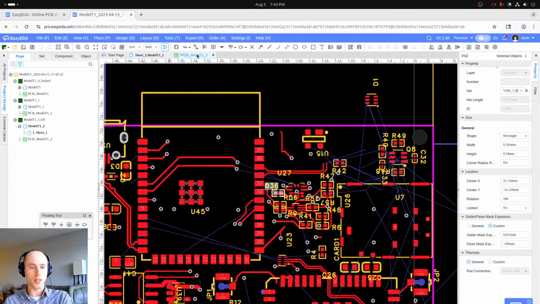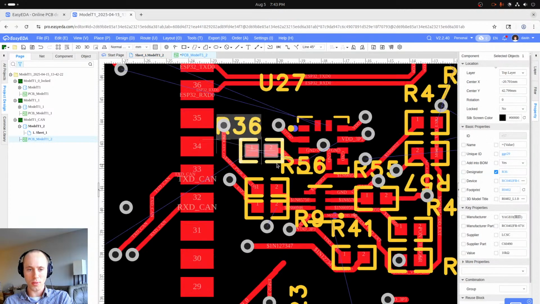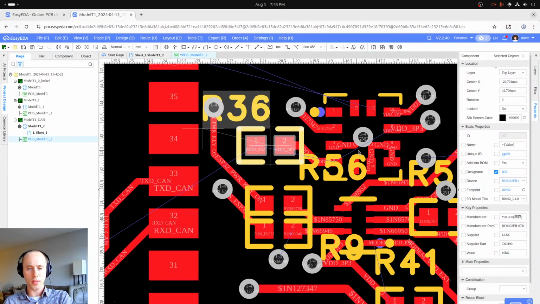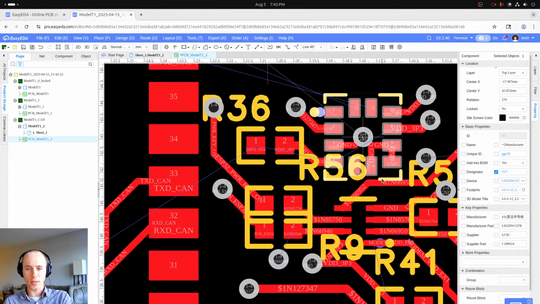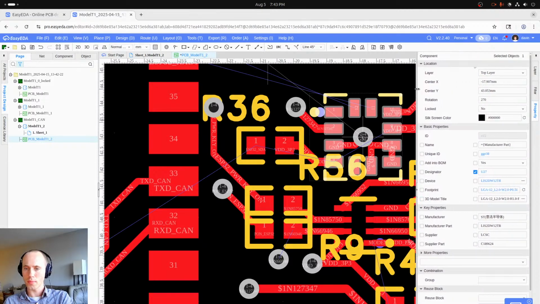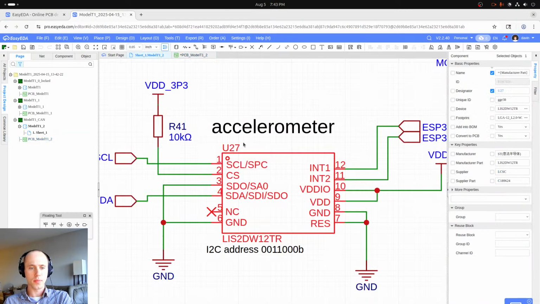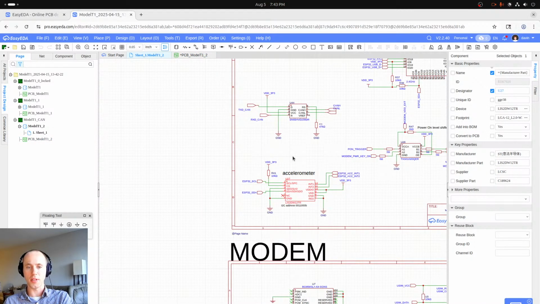Alright, R36. This looks more reasonable. Okay. Looks like it wants to tie to this component. What is this? Accelerometer.